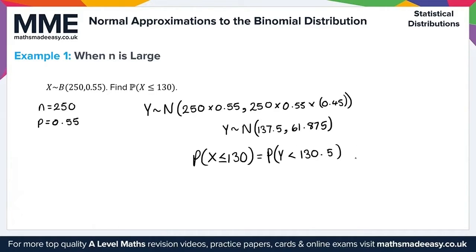So that's our continuity correction, and at this stage we simply need to use our calculator to work this out. What we find for the probability that x is less than or equal to 130 is 0.1702. So that gives us the solution to example 1.